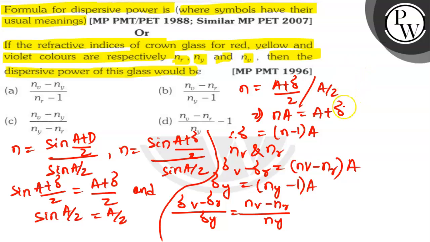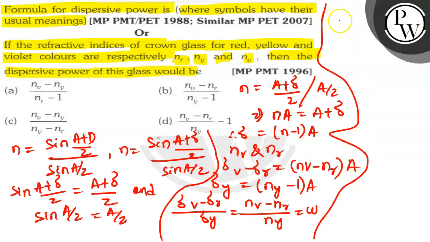So here this is omega. Thus omega is equal to (Nv minus Nr) into A divided by (Ny minus 1) into A. So here omega is equal to (Nv minus Nr) divided by (Ny minus 1).